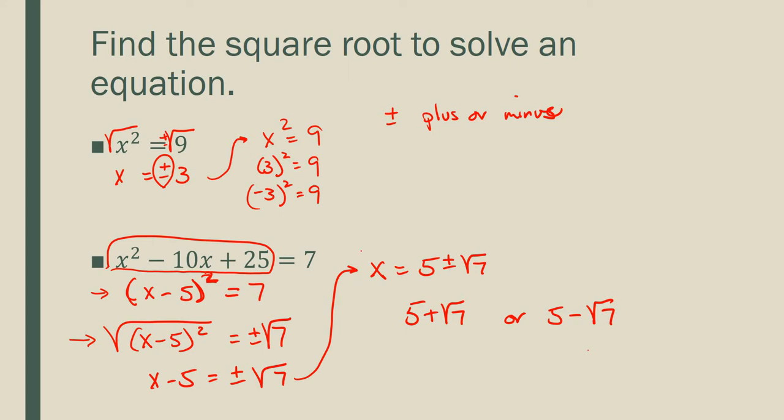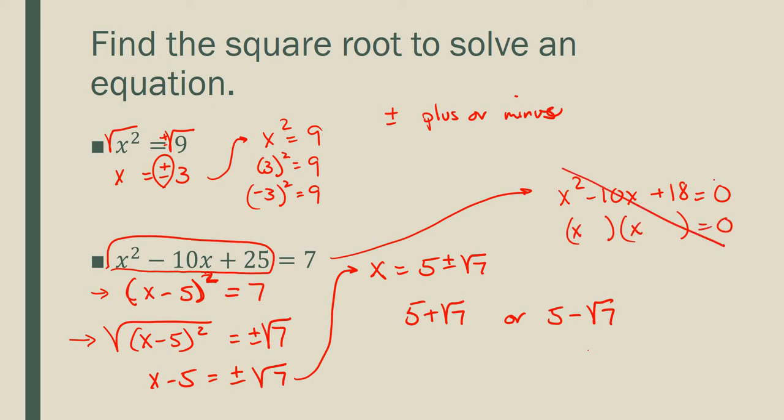Now, our previous method, let me just back up for a minute, would have been to subtract 7 from both sides to set this equal to 0, and then try to factor it. Well, if I did that, there are no factors of 18 that add up to 10. So this does not factor, and I cannot solve this with factoring.